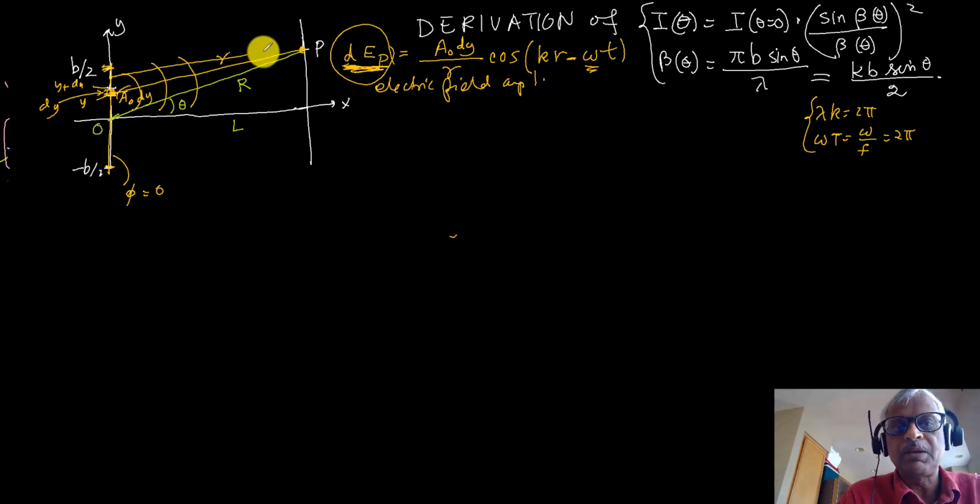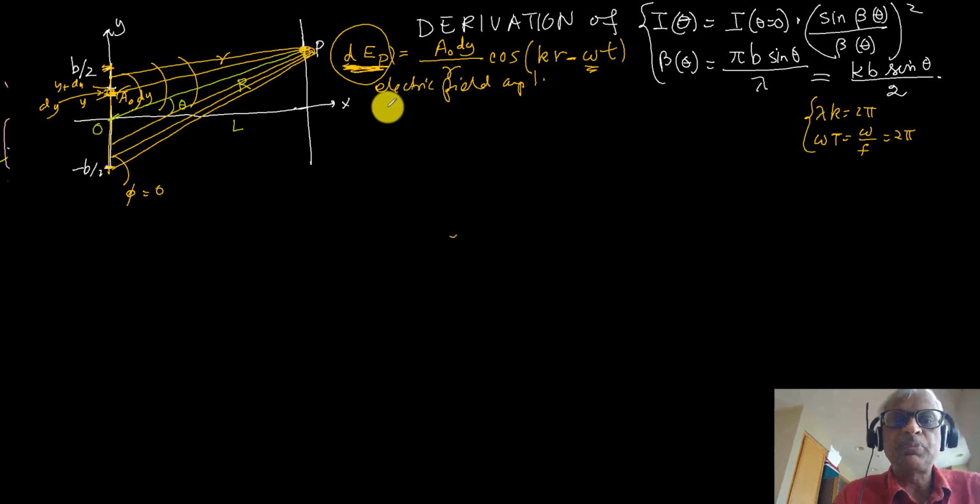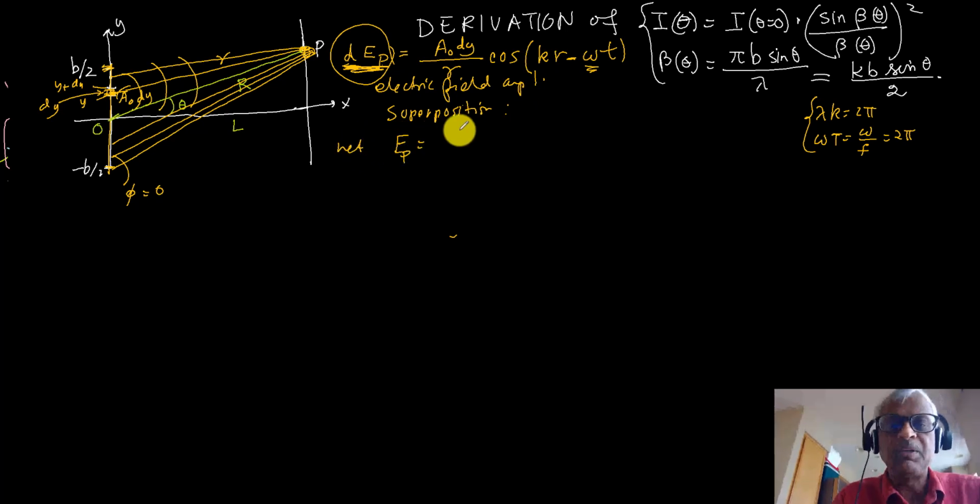So this will come out there, this will come out there, and this will come out there. All of this will come out, right? And then over there, electric field has a superposition principle. Means net electric field at point P will be all the EP.